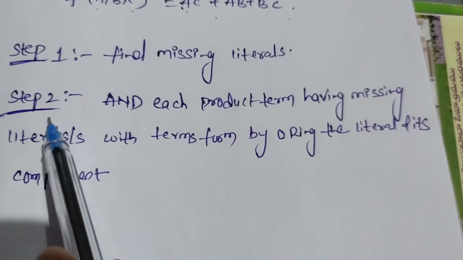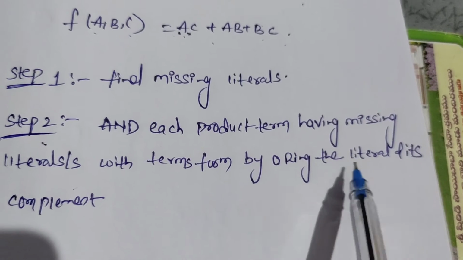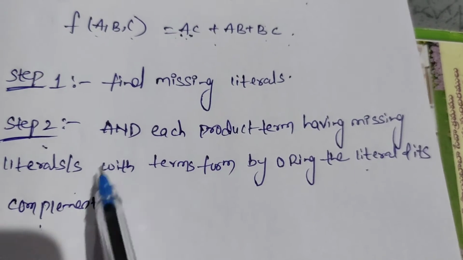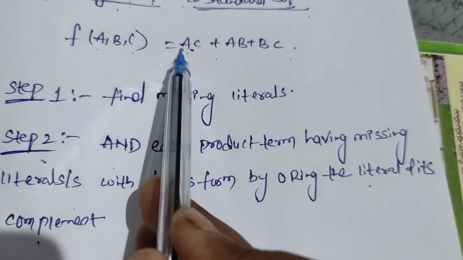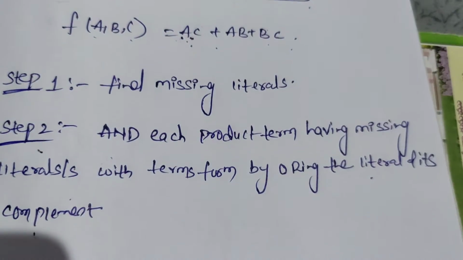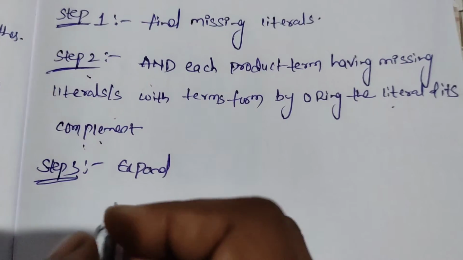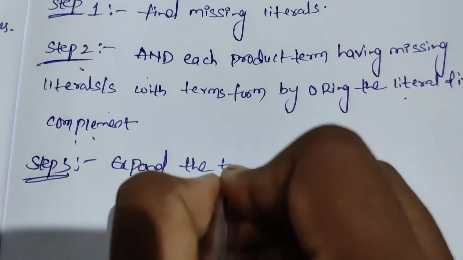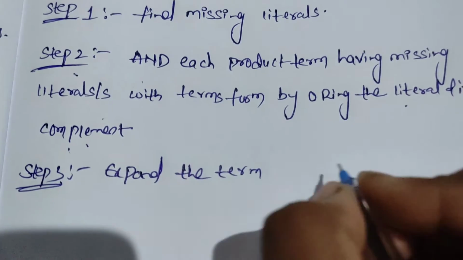In step 2, the missing literal should be ORed with its normal form and its complemented form, and it should be ANDed with the product term. In step 3, expand the terms by applying the distributive law.